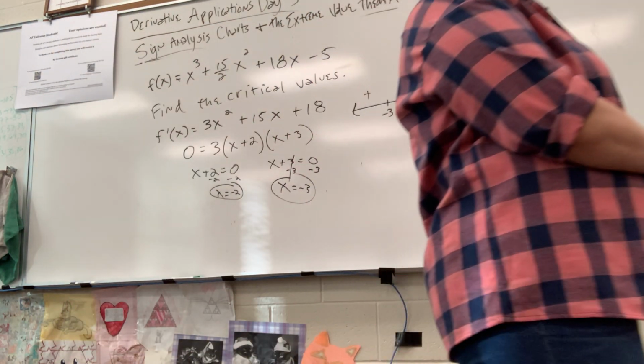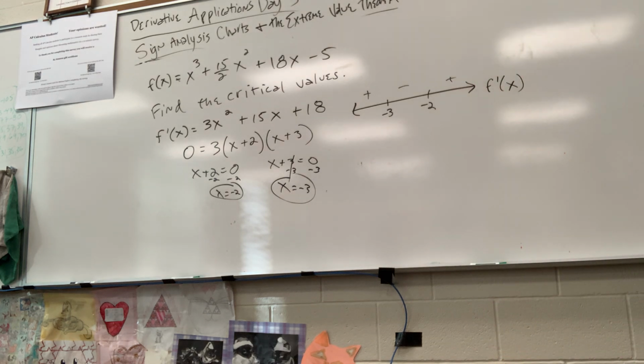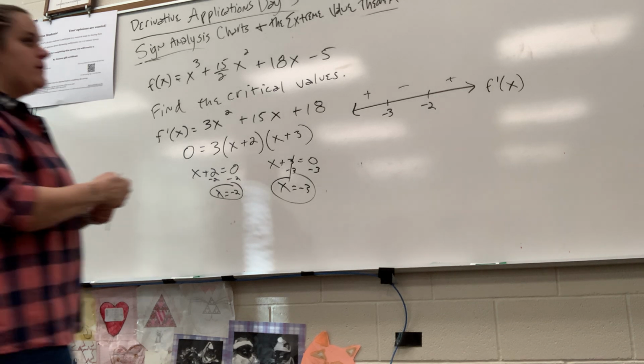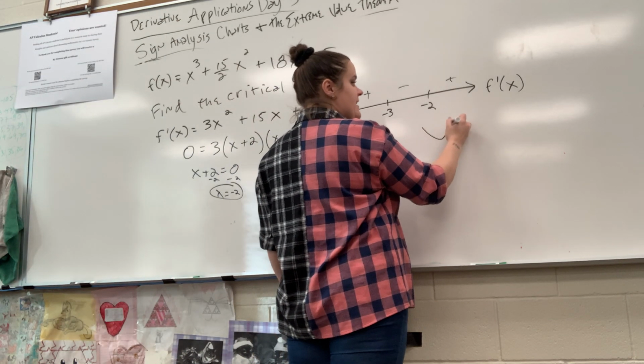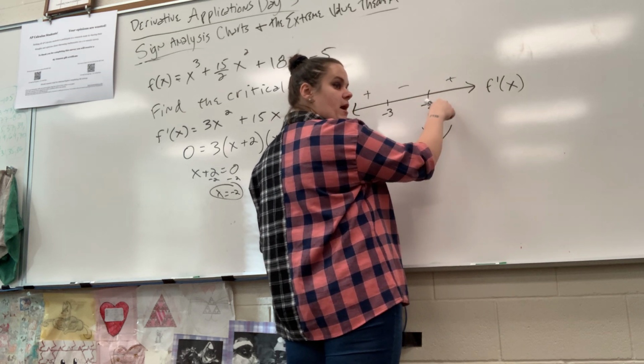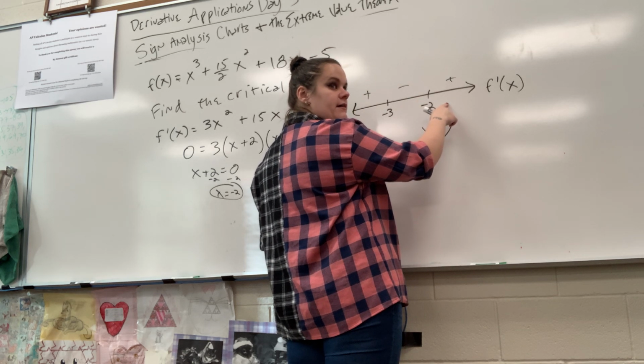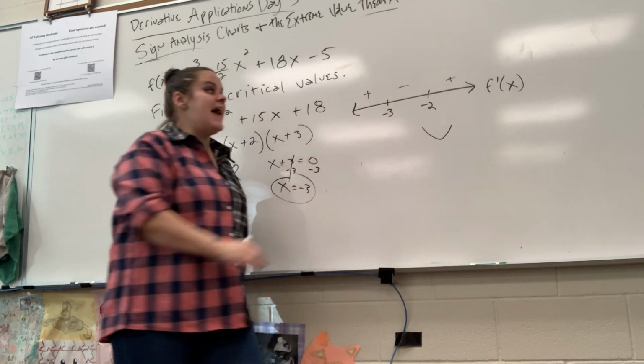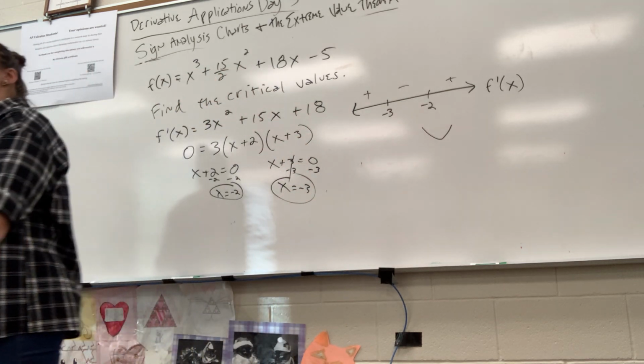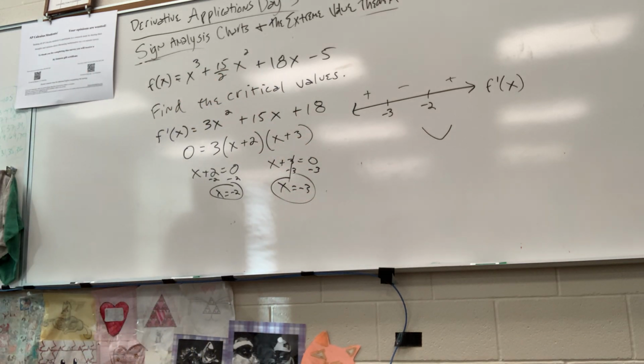Between negative 3 and negative 2? Nope. Caden? Negative 2. Negative 2, correct. Because where does the original function's extrema happen? At the zeros, right? And I asked for a minimum, so a minimum is where my original function decreases and then increases. So derivative negative to positive. Got it? So where does f of x have a relative maximum? Negative 3, okay?